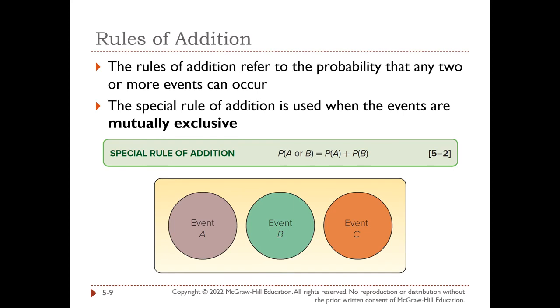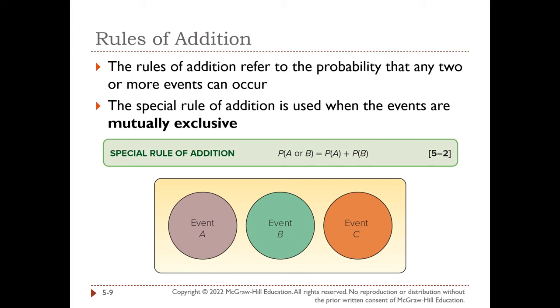So, rules of addition. And we're moving right through these learning objectives. The rules of addition refer to the probability that any two or more events can occur. The special rule of addition is used when events are mutually exclusive. Remember, mutually exclusive means only one of the events can occur.